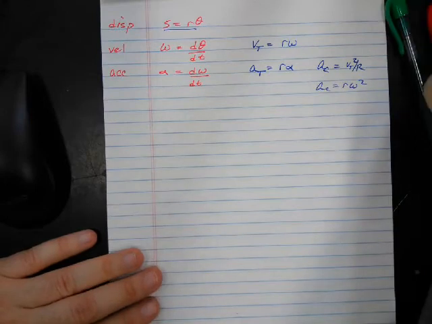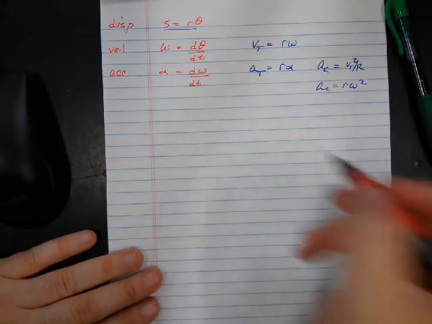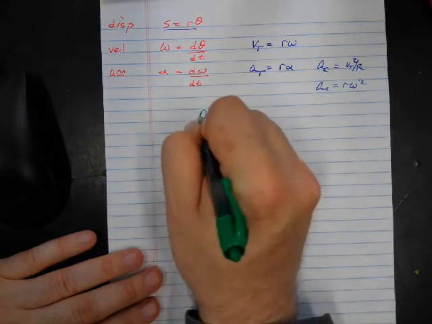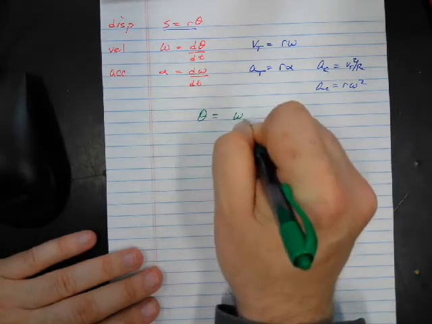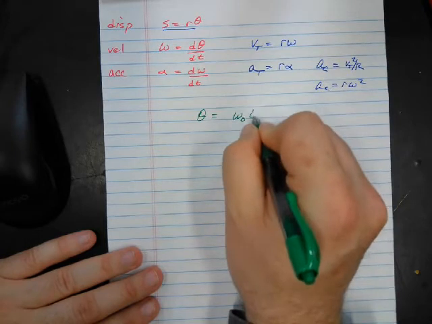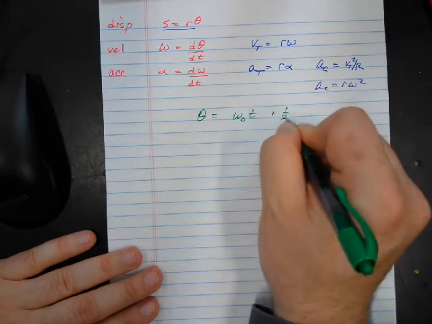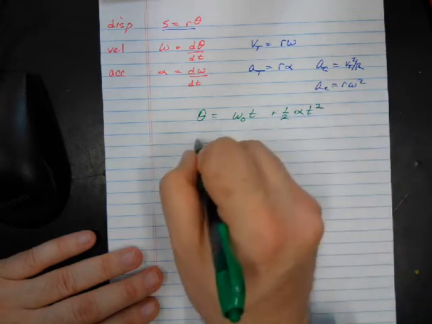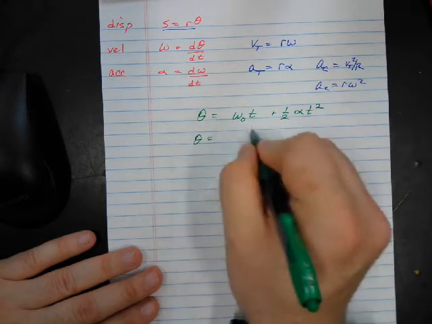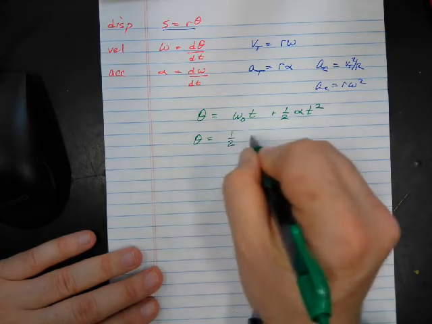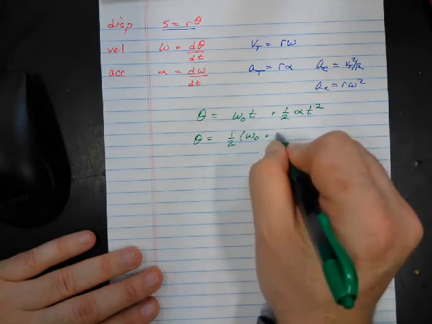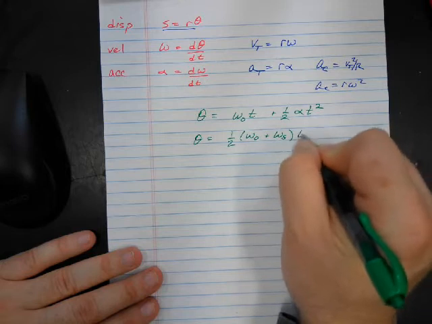And then we have our kinematic variables. So our kinematic equations. We'll have theta is angular velocity times time plus 1/2 angular acceleration times time squared. We'll have theta is the average angular velocity, which is 1/2 final plus initial, times time.